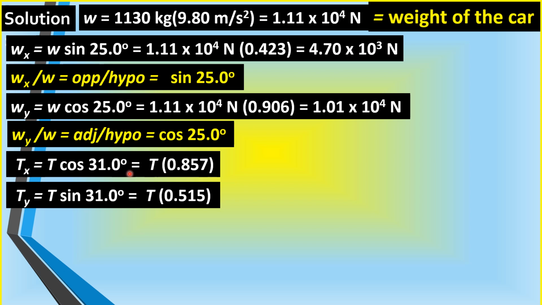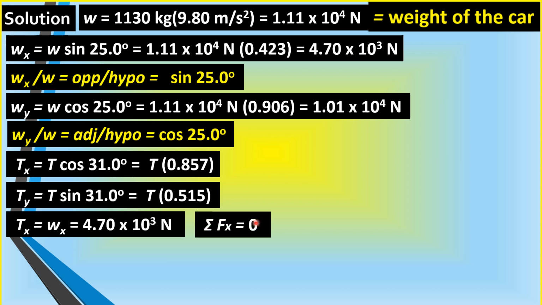Likewise, Ty happens to be the opposite side of that angle 31.0 degrees. So there's nothing wrong in the computation for Tx and Ty, which led us to determine the value for the force of the cable, capital T.